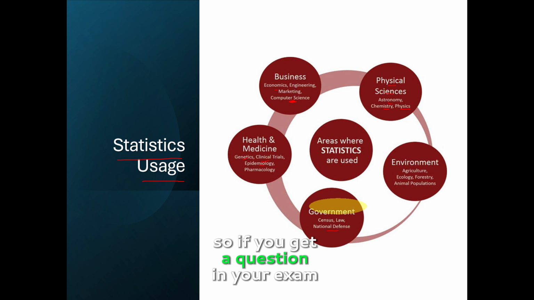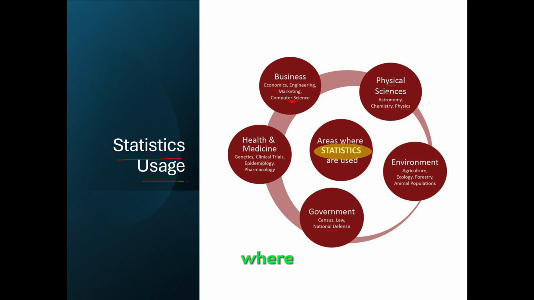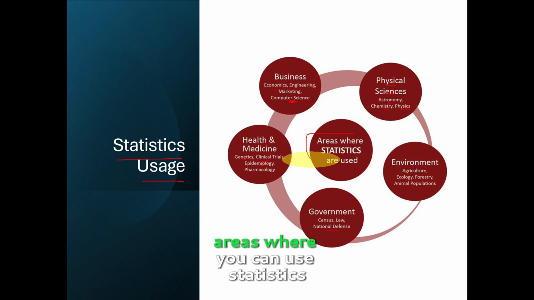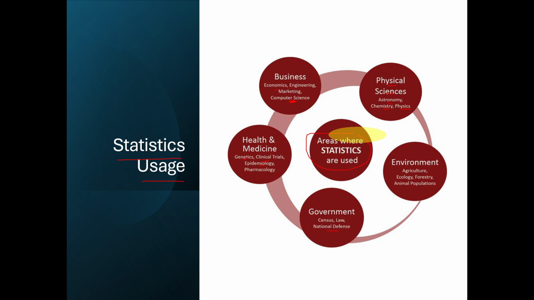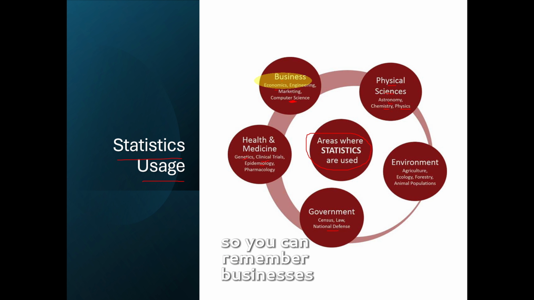So if you get a question in your exam, where areas where you can use statistics, you can remember businesses, physical sciences, environment, health and medicine, government. These are just few of them.